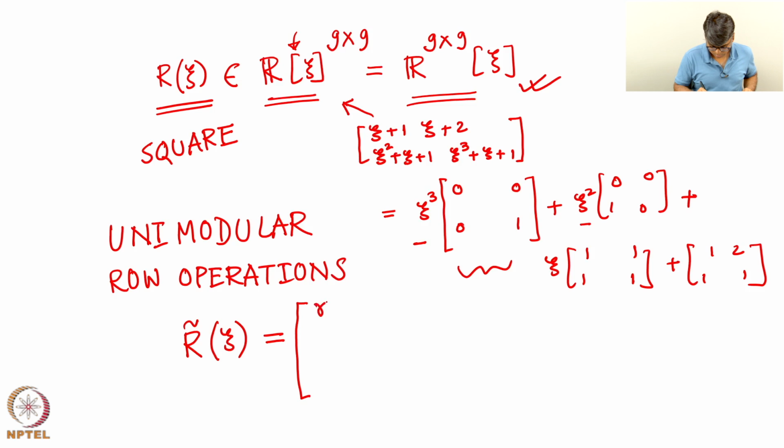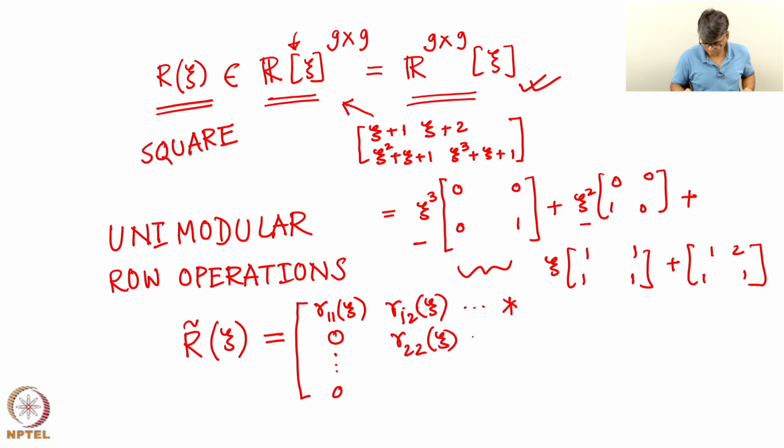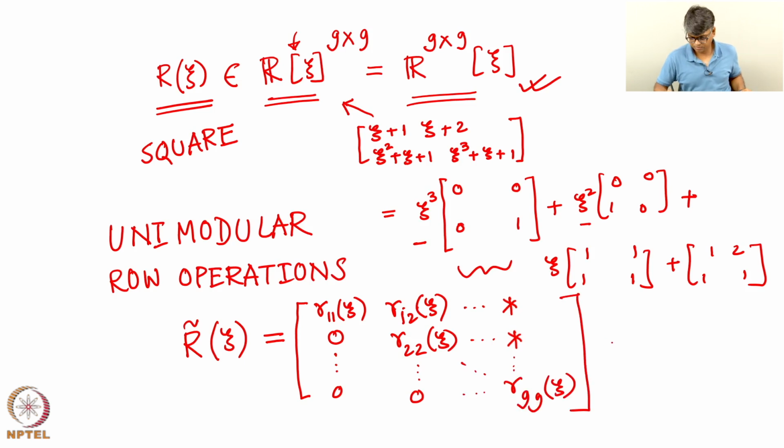So this is going to be R11(xi), 0, let me write R12(xi) as well, R22(xi), down to Rgg(xi). What is the determinant of this matrix? The determinant, of course, is the product of Rii(xi), i going from 1 to g.